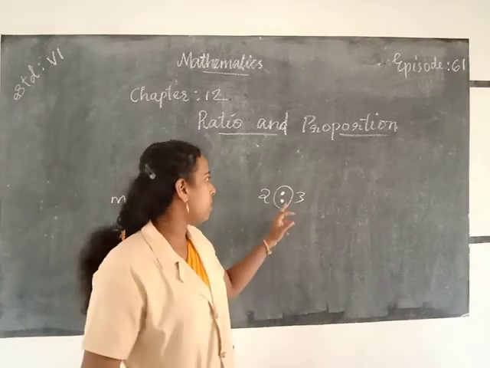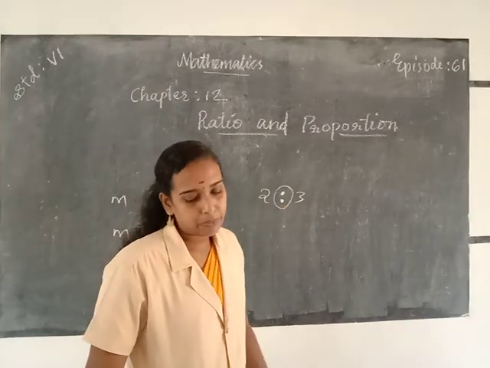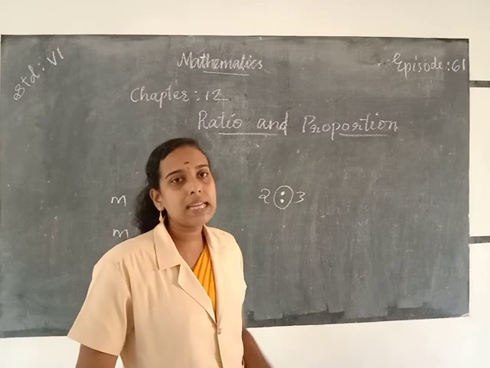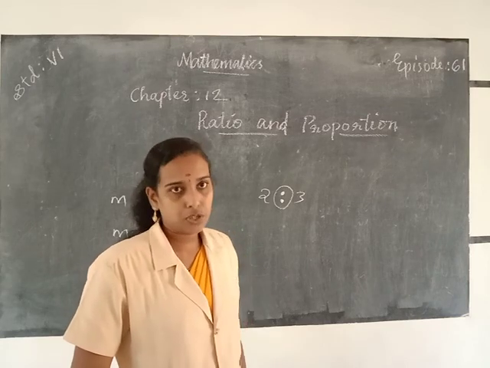The ratio is denoted by this symbol, which you read as "is to", like 2:3. So ratio is denoted using this symbol. For example, you can compare the ages of two persons by using ratio.